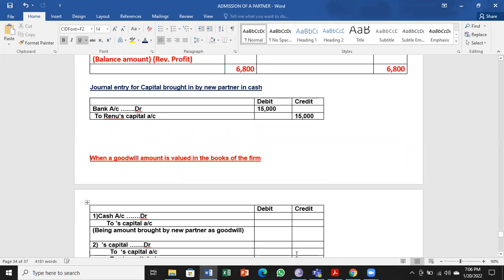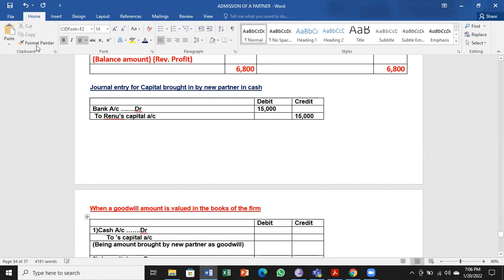Next is goodwill part. Identify carefully when goodwill amount is brought in cash by the new partner and withdrawn by old partners.